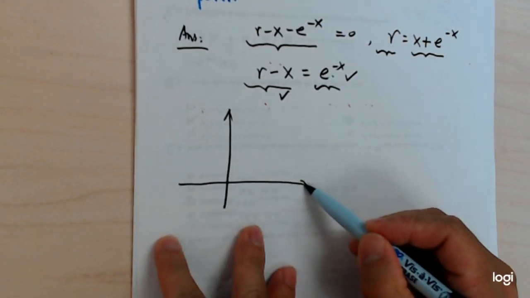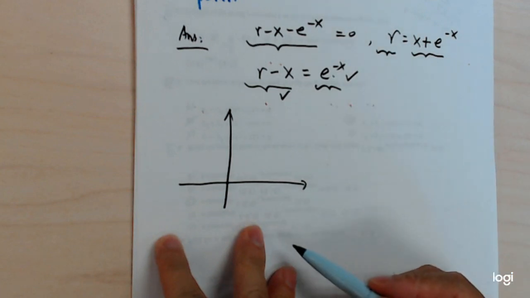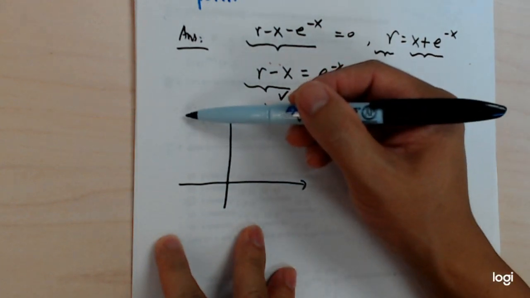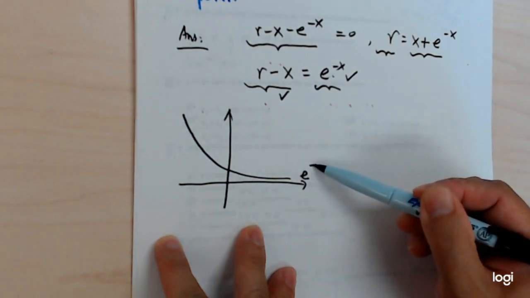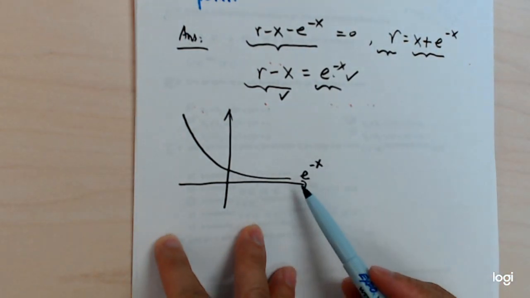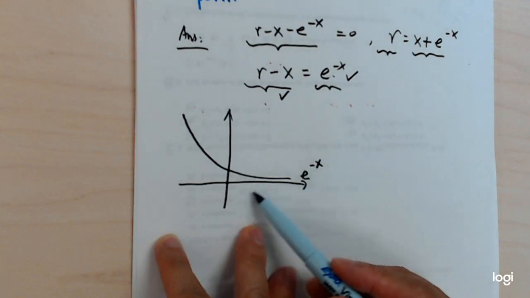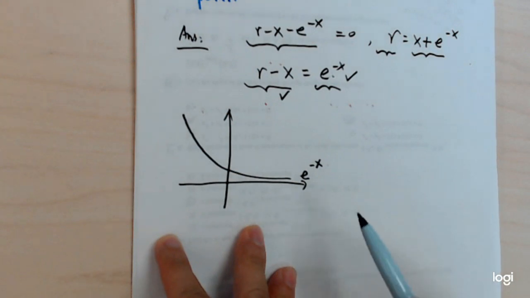We take a look at the graph of e to the negative x. You take out your calculator and you can easily plot it. It looks like this. When x goes to positive infinity, this guy drops to 0. When x goes to negative infinity, this guy goes to infinity.